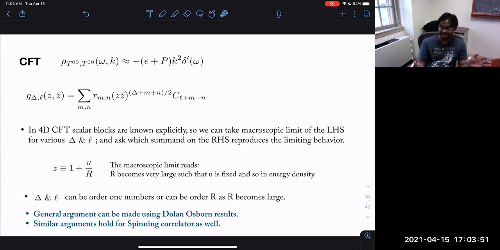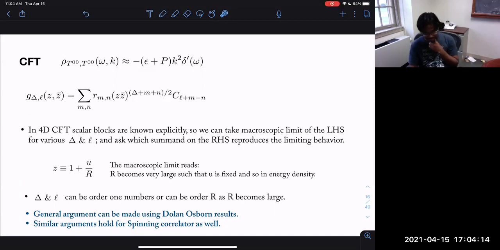You can do this exercise explicitly with the hypergeometric functions, and you can see that only the m = n = 0 term remains on the right-hand side to reproduce the macroscopic limit of the block on the left-hand side. Here delta and L can be order 1 numbers, or as large as order r when you take this limit.